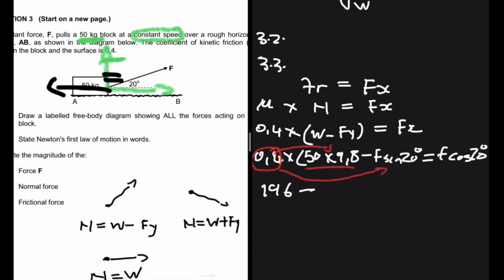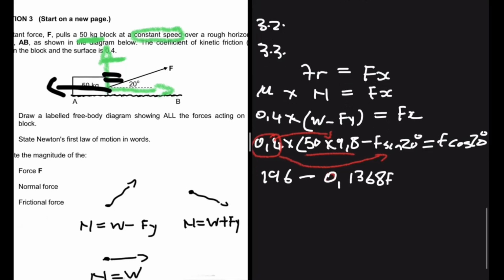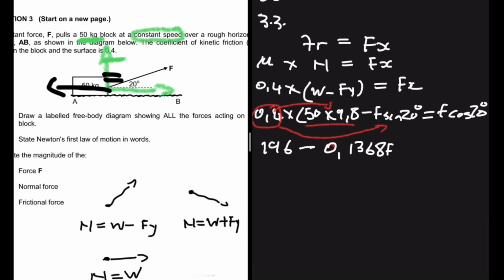So we're gonna have 0.4 multiplied by sine of 20, which will be equal to 0.1368 F. F is an unknown, so we're supposed to leave it like that. And then this will be equal to F multiplied by cos of 20. So what is cos of 20? Cos of 20 is 0.9397 F, right? Because F is a constant.